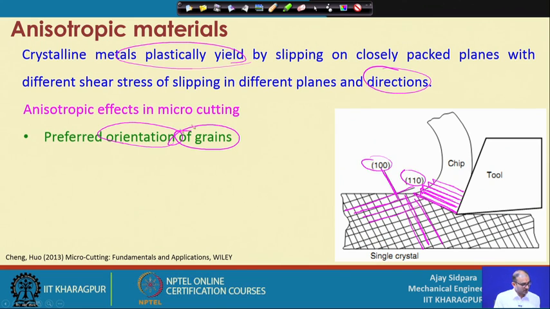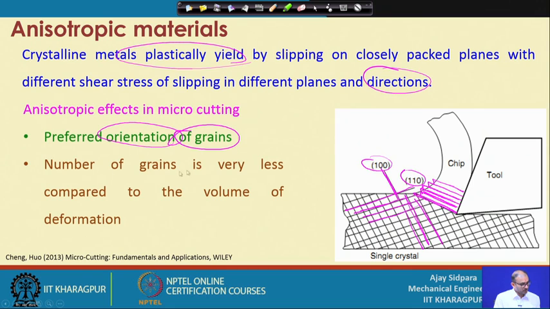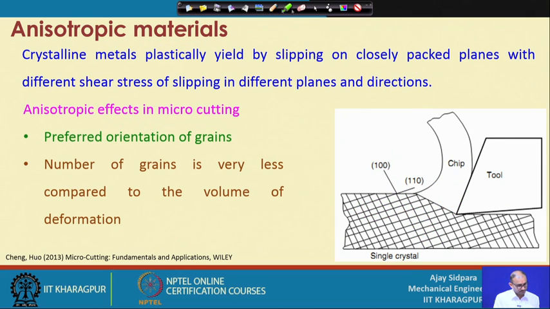So, this is one of the material properties: the preferred orientation of the grain is important to understand in the anisotropic effect of the cutting tool. Then, the number of grains is very small compared to the volume of the deformation. Now, if you see this particular thing, this is the deformation zone, and let us put this whole plane as a shear band, and let us consider this depth of cut as 50 micron.